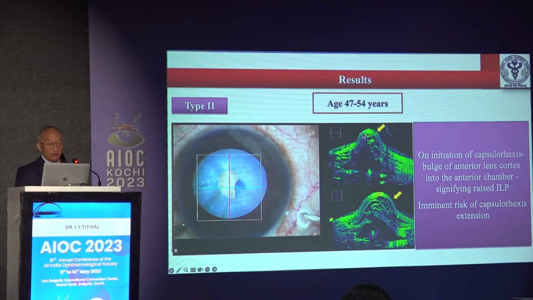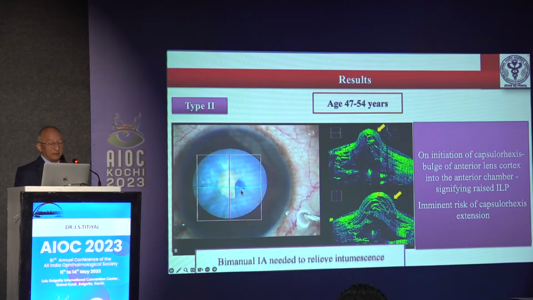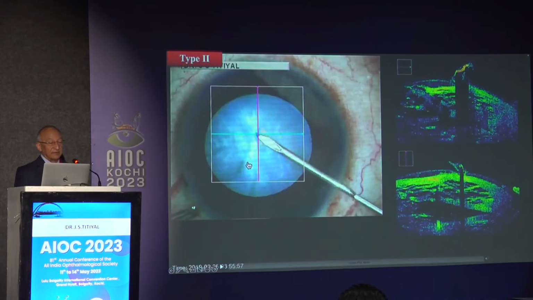And see this mountain coming out of the hydrated cortex. In this case, peripheral extension is going to happen unless you make a small opening and manage the case. So I can understand this case will not be amenable to needle aspiration because it is a thick cortex here. So this case requires the aspiration of cortex, not the aspiration of fluid. That you have to understand.